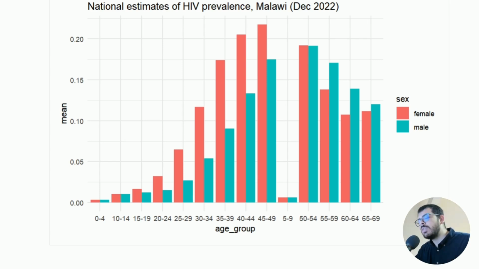But we have a slight issue in here, which is the 5 to 9 age group that is in the middle of 45 to 49 and 50 to 54. This is a problem, and it is not supposed to be here. This age group is supposed to be after 0 to 5. It's supposed to be the second age group, not in this place. So we should fix that.